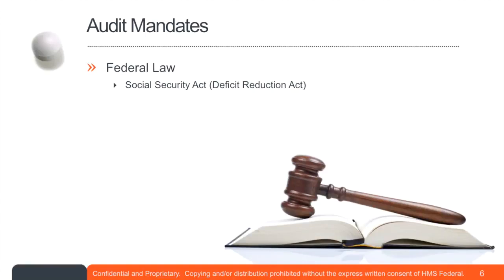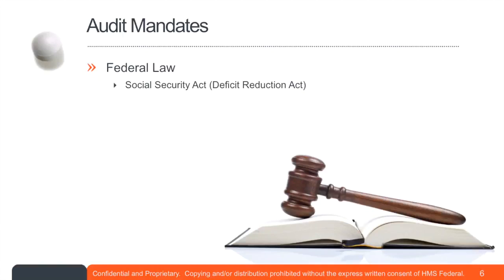Moving on, the Deficit Reduction Act is actually part of that Social Security Act. In 2005, the Deficit Reduction Act made a number of changes to the Social Security Act, and the changes were intended to strengthen the state Medicaid programs' ability to fight fraud, waste, and abuse. In order to strengthen, there was more funding brought to the fraud, waste, and abuse arena.